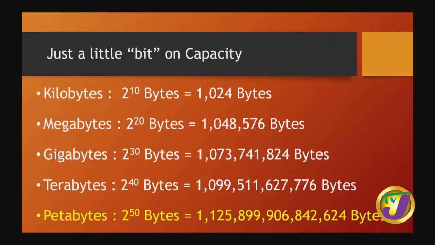I'm going to try to call some of these. So kilobytes is 1024, megabytes, 1,048,576 bytes. And you might be seeing why I'm saying don't use approximations, because you'll be leaving off this large amount of storage space, especially if you're going to do calculations. Gigabytes, 1,073,741,824 bytes.